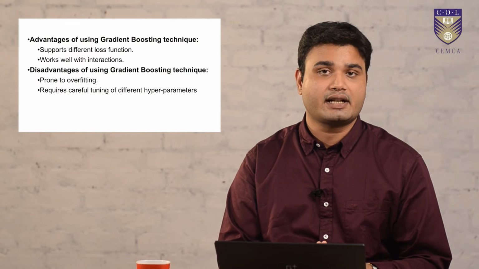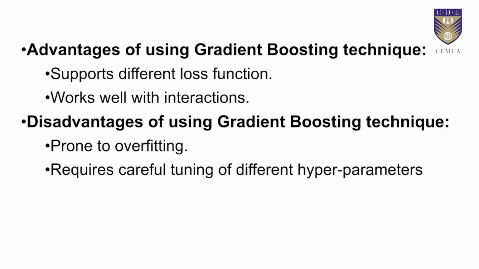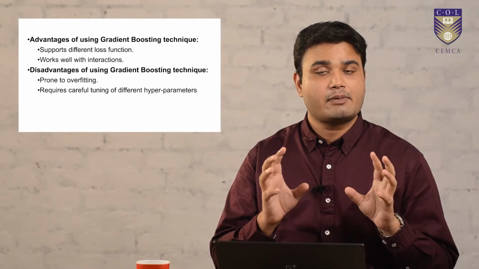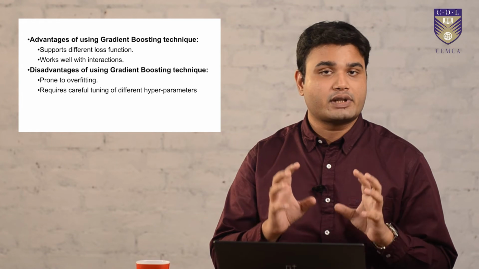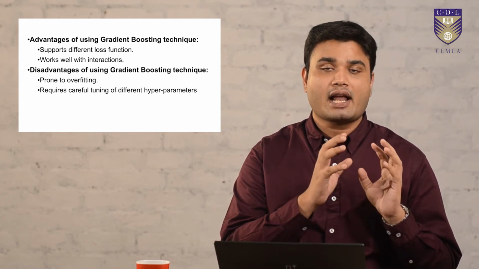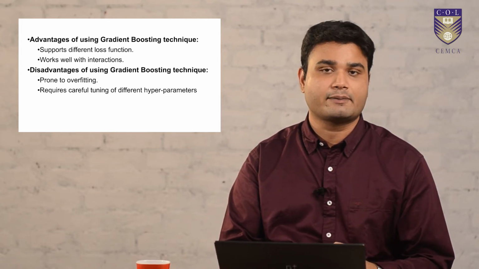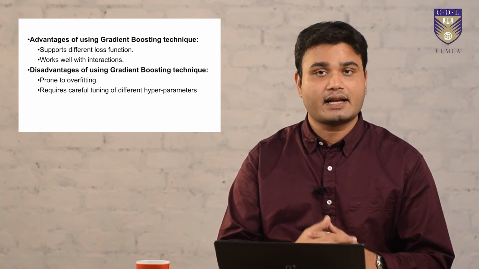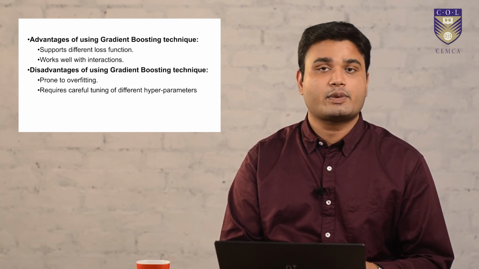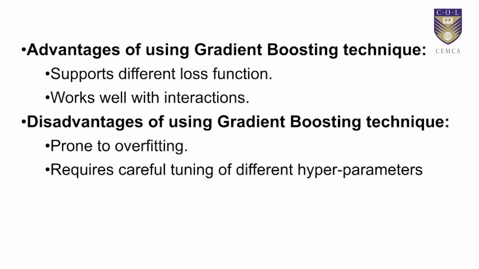Now, what are the advantages and disadvantages of using gradient descent algorithm? The advantage is that it supports a differentiable loss function. So if the function can be differentiated, it can be computed. That is, we can allocate computational resources to calculate the loss function and how the characteristics of this loss function are changing. And the second advantage of the gradient descent algorithm is that it works well with various interaction effects.